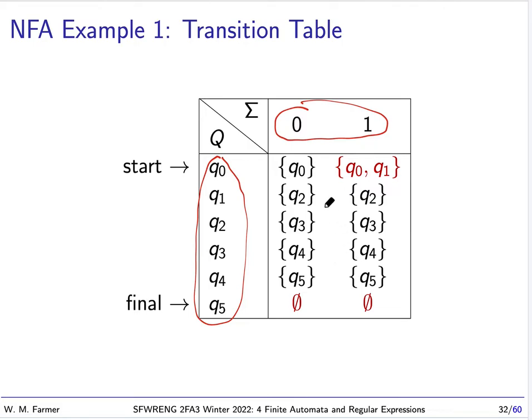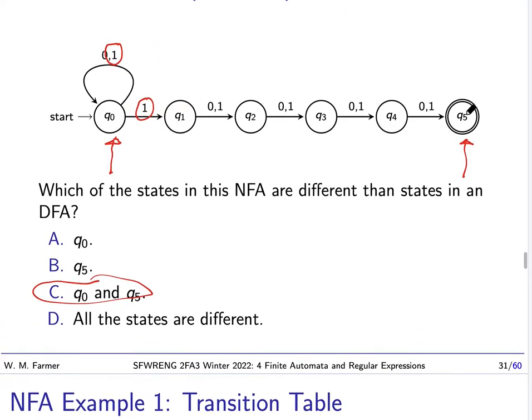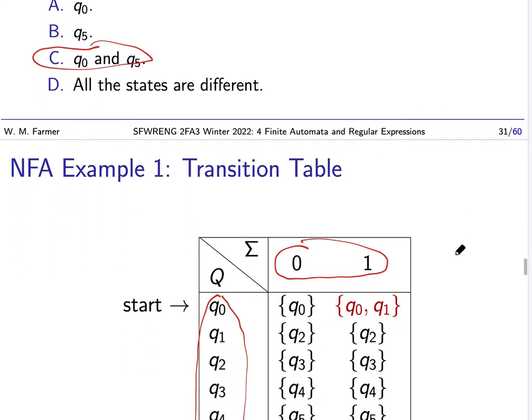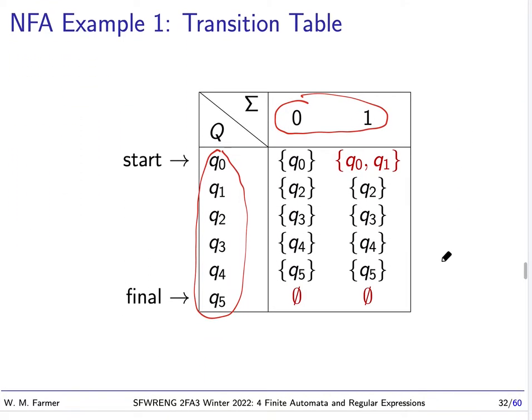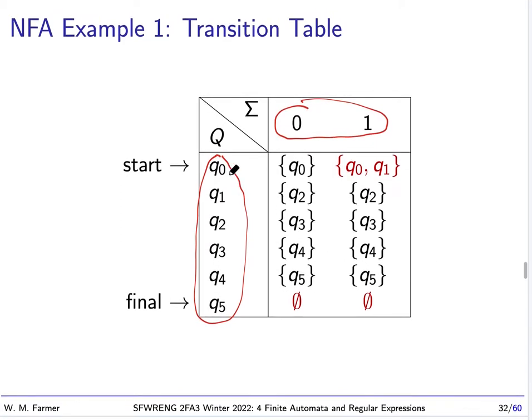Most of these sets of states are singletons, in other words, sets of exactly one member, but the ones in red are different. For Q5, the outputs are the empty set. Remember, up here we had no transitions coming out. And for the case when we're in Q0 and reading the 1, we have two possible states.